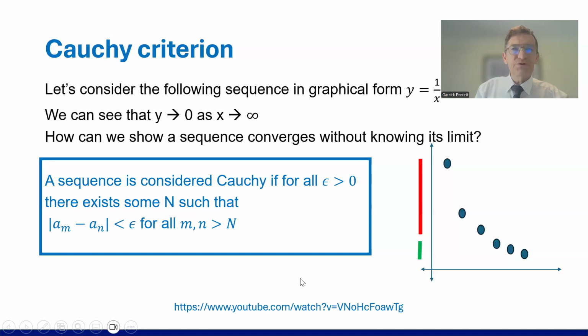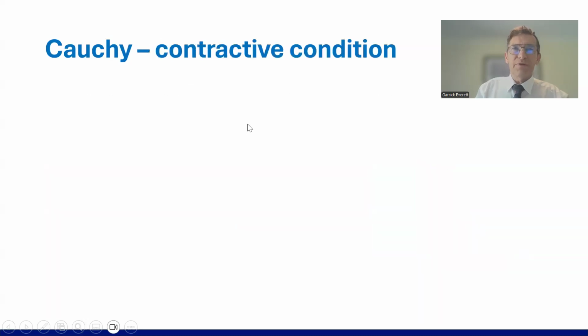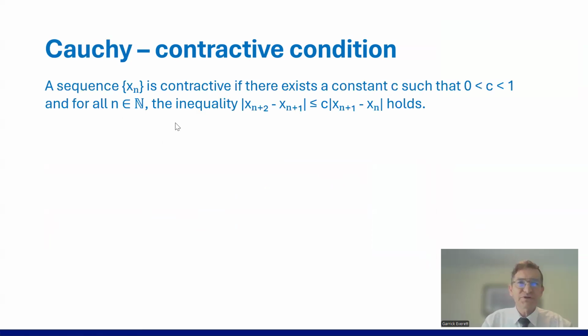And again, there's a YouTube clip you can watch if you want to watch that one. The other thing you need to know before we continue is what's called contractive conditions. A sequence is contractive if there exists a constant c such that 0 is less than c is less than 1, so it's some fraction or some decimal, for all n elements of the natural numbers, the inequality |x_{n+2} minus x_{n+1}| is less than or equal to c |x_{n+1} minus x_n|.